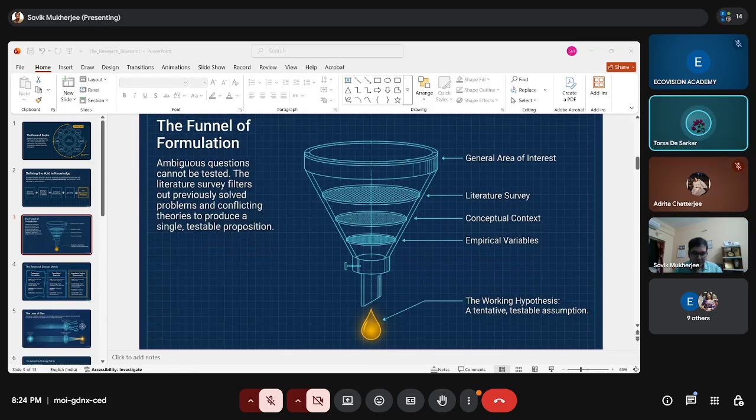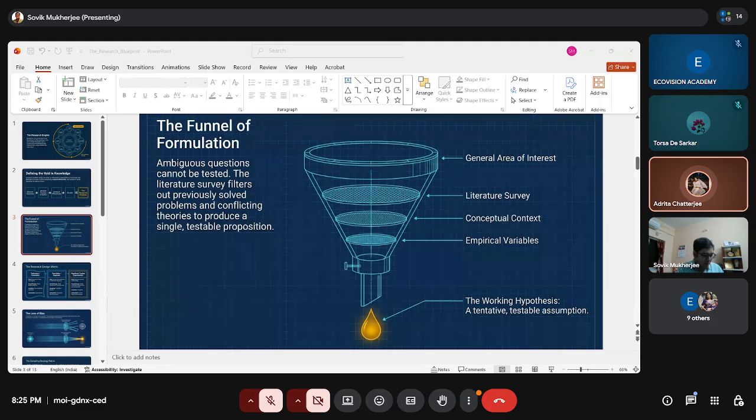We try to understand the gap. So in literature review, mostly we find the gap between the research papers. Like if I am writing a paper, I am finding the gaps that another researcher put in her or his paper.